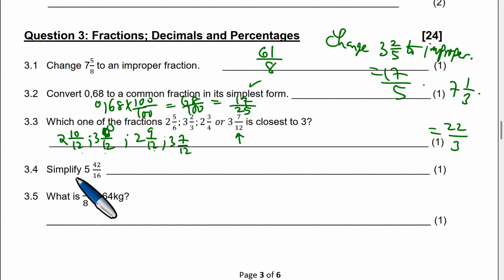And therefore, if you are to look for the number closest to 3, the answer is 2 and 5 out of 6. Two and 5 out of 6 is closest to 3.